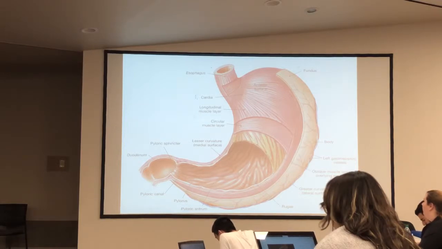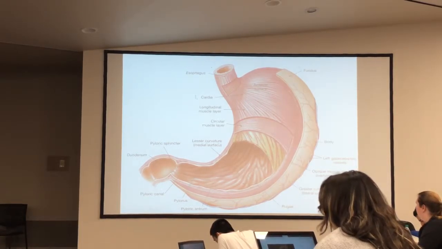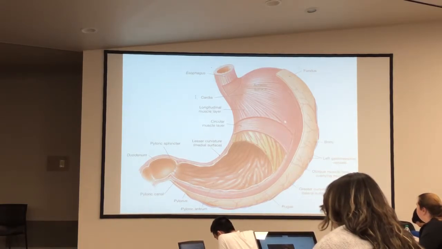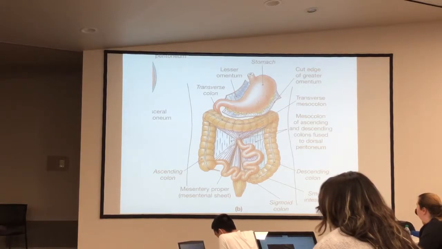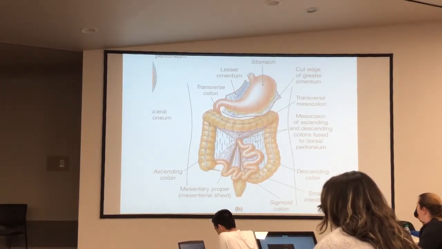Okay. And again, the inner curve here is connected to the liver. That curve we call the lesser curvature, and that tissue we call the lesser omentum. And the outer part here we call the greater curvature, and the apron-like structure we call the greater omentum. And here I show you again what it looks like, the lesser omentum on the lesser curvature.